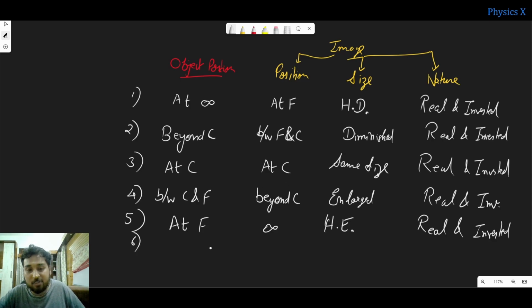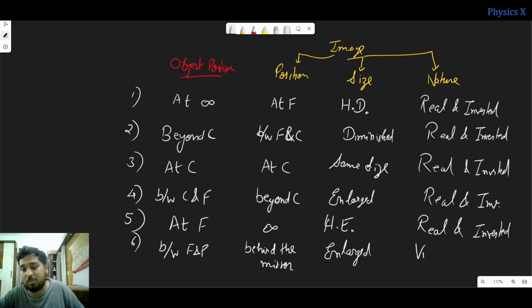And the last case is what? Between F and P. So at this point, where was the image? It was behind the mirror, and the size is also enlarged. But what was the nature? Virtual and erect.